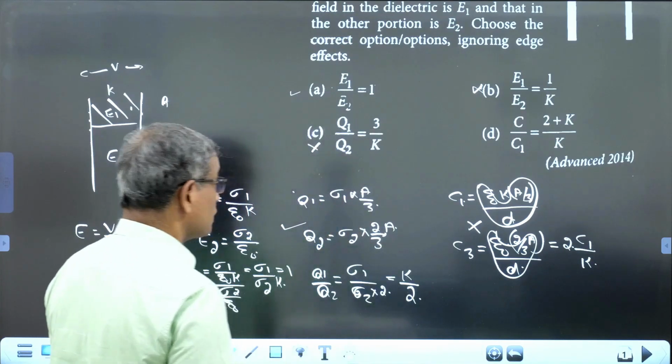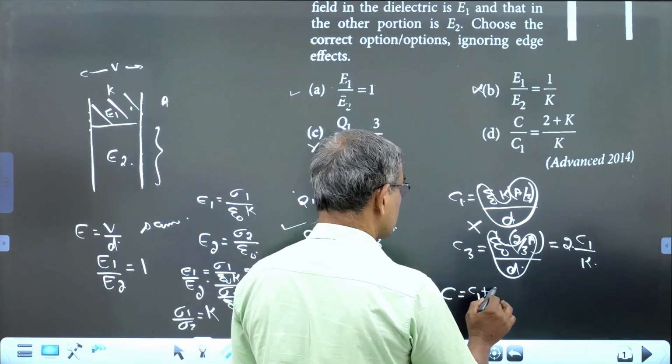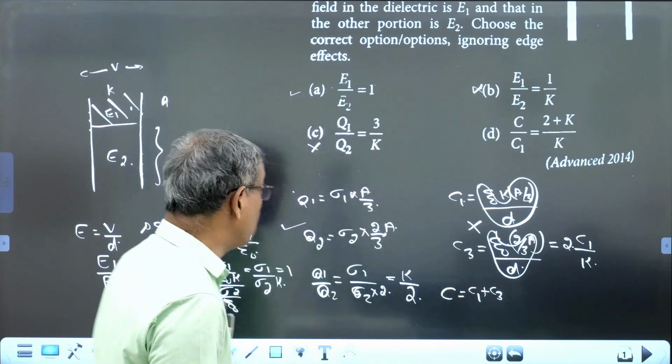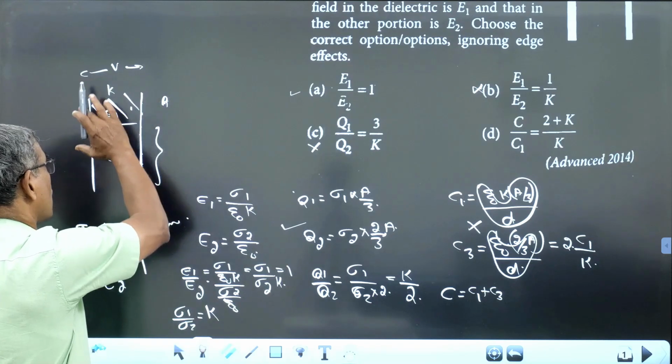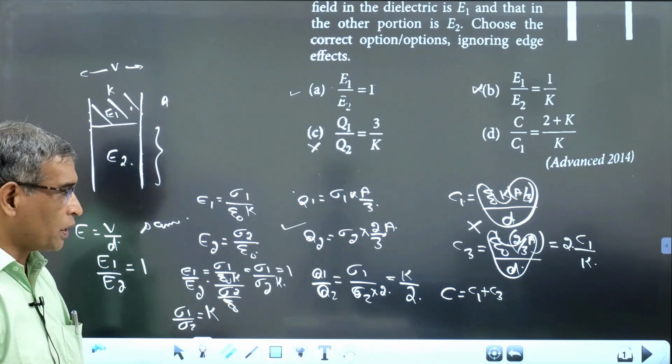Then what is C? C is equal to C1 plus C3, because these two are arranged in parallel, and therefore the effective capacity is C1 plus C3.